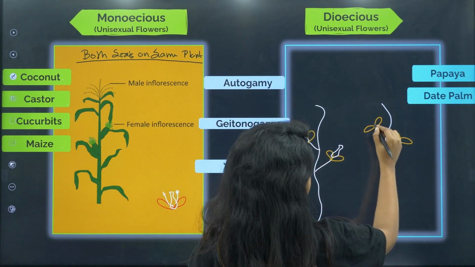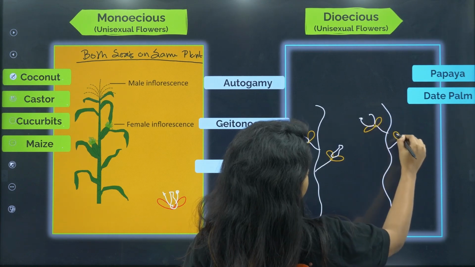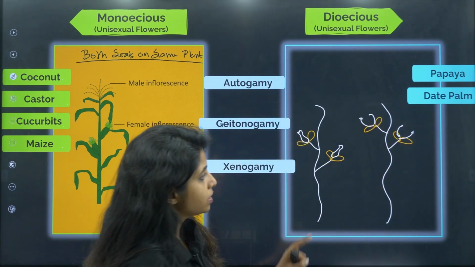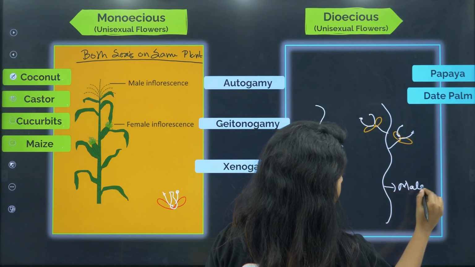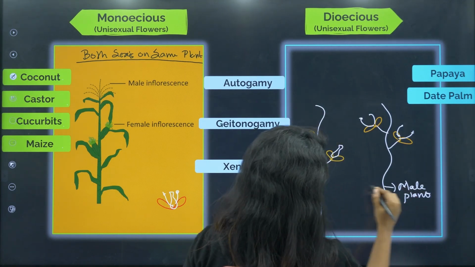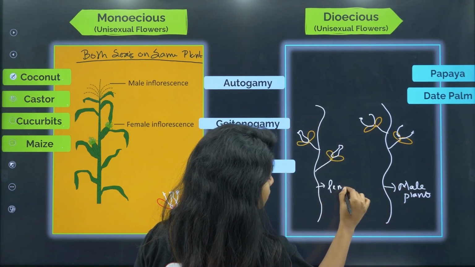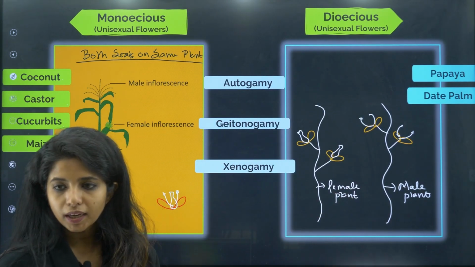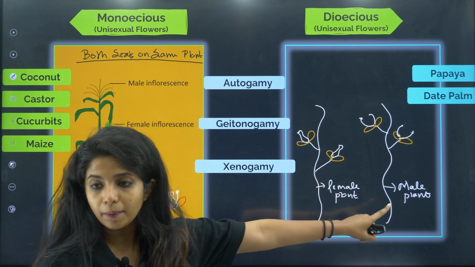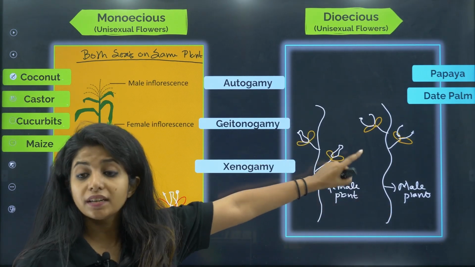Similarly, I have pistil over here, I have stamen over here, I have stamen over here. So, you see that this is a male plant and this is what, children? This is a female plant, because it has the female part, it has the male part, right.